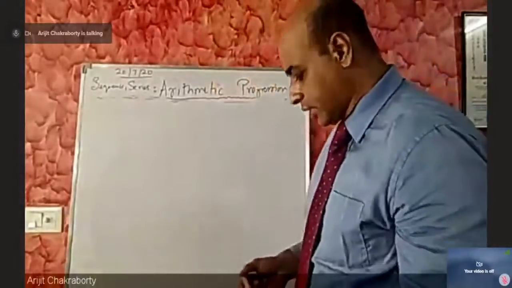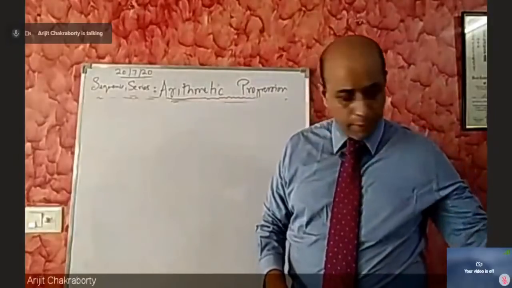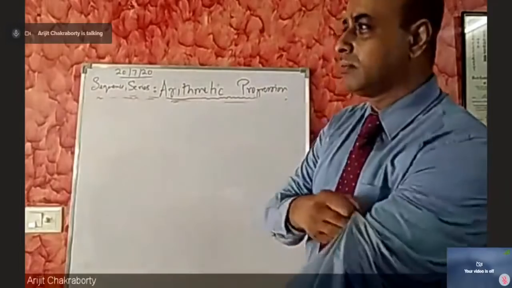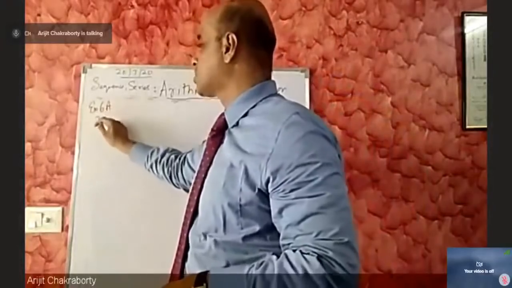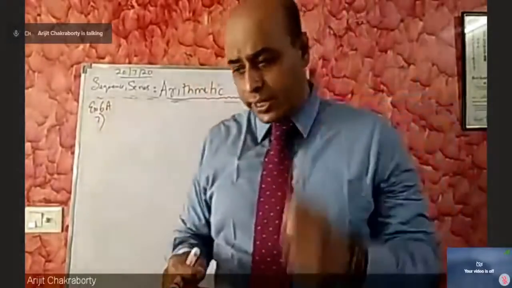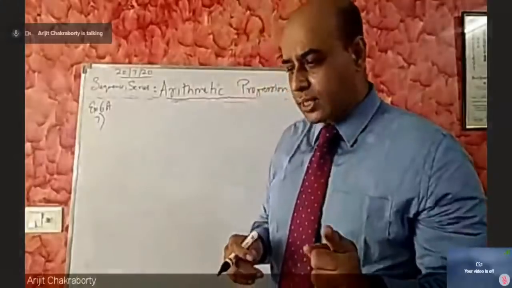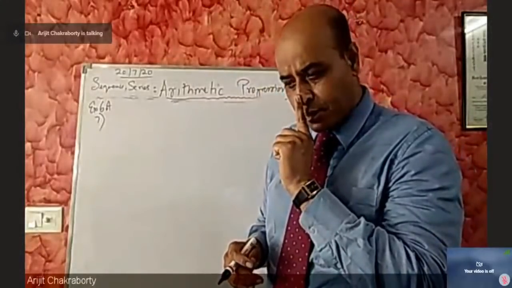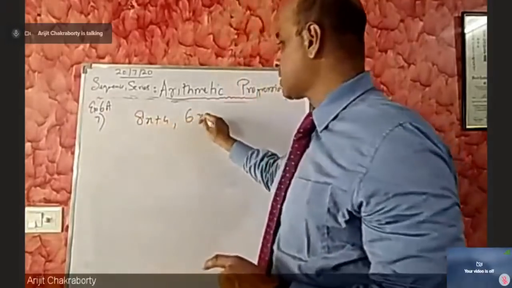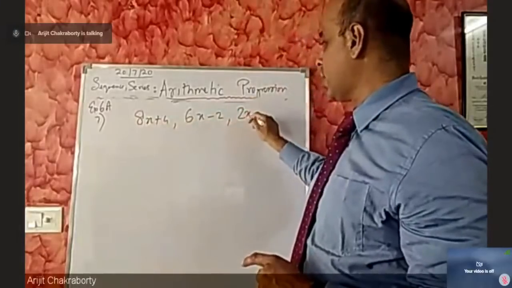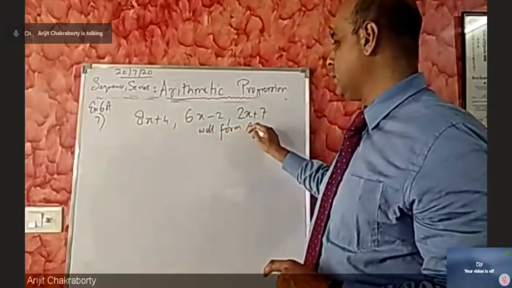Now let us see exercise 6a, and the number is 7. We'll take a number of problems so that you're absolutely clear with this. The value of x such that 8x plus 4, 6x minus 2 and 2x plus 7 will form an AP.